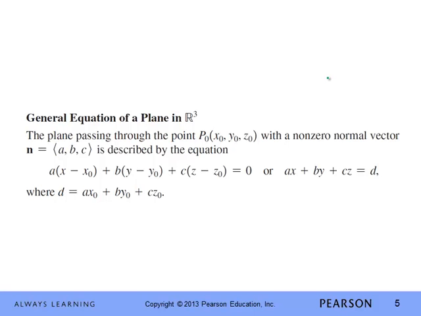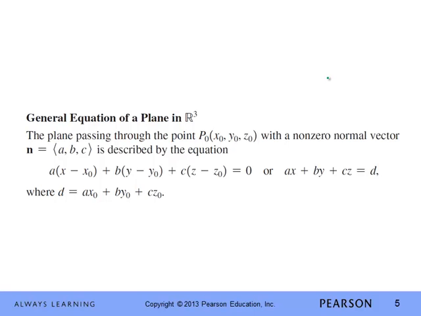Of course, when you multiply all this out, you'll have a x minus a x sub 0, minus b y sub 0, minus c z sub 0, which you can then add all over to the right-hand side. You have some number, and then your plane will have this sort of equation right here.